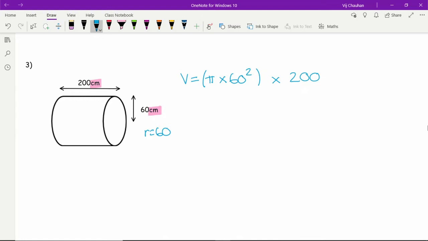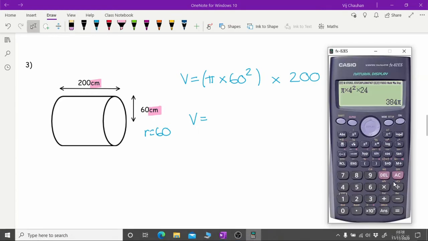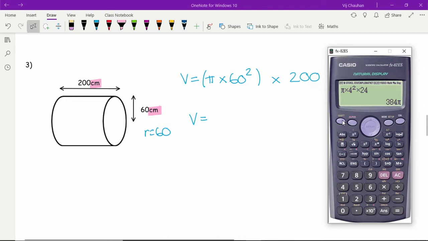So if I plug that straight into my calculator, let me show you how we would do that. I'm going to do pi times 60 squared, and then multiply that by 200, and because the number is rather big, it's given to me as a decimal answer straight away.